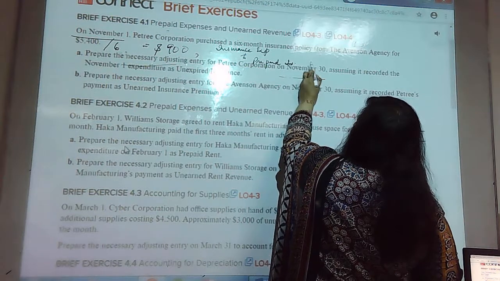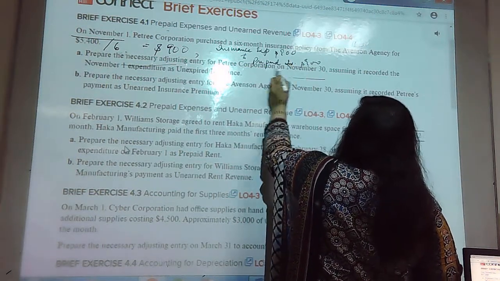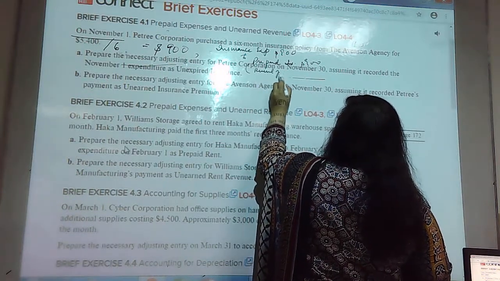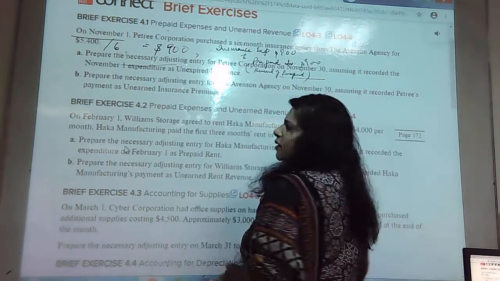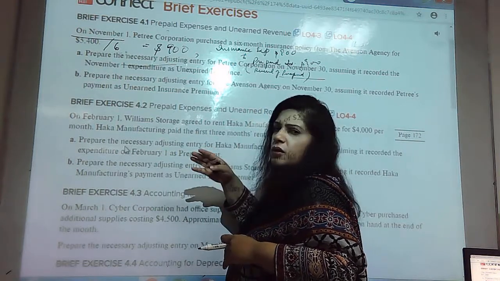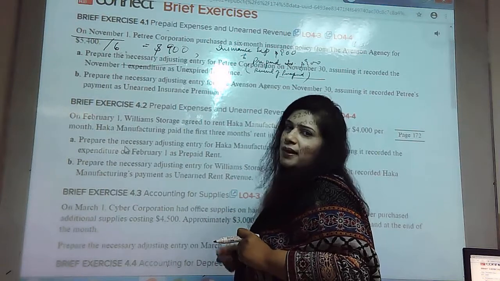How much? $900. Okay, and then you can just simply write reversal of prepaid, just some explanation for the general record or for the general journal. You have to make sure that the formatting is correct.